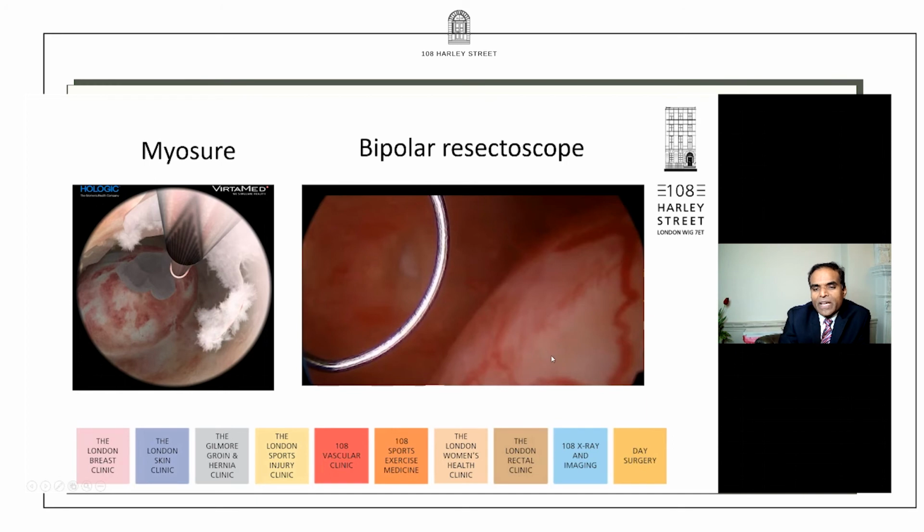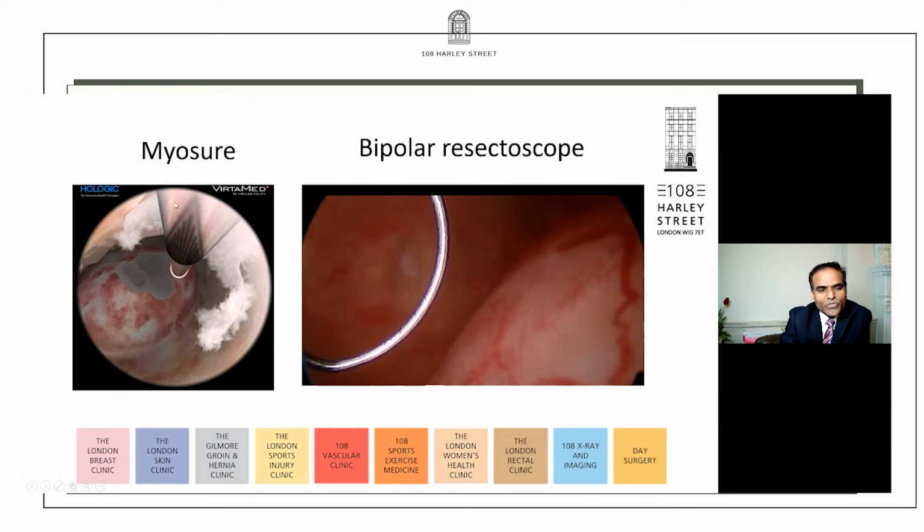If you remember type 1 and type 2, you will have to cave in to get the most of the fibroid out. The problem is that it will leave a residual myometrium which has been damaged, injured by the heat energy.